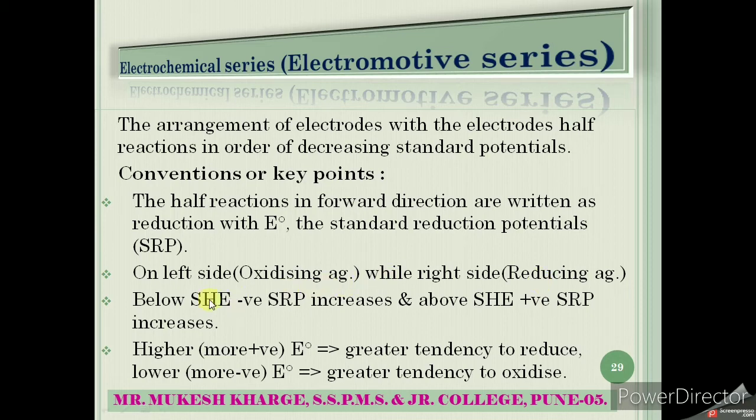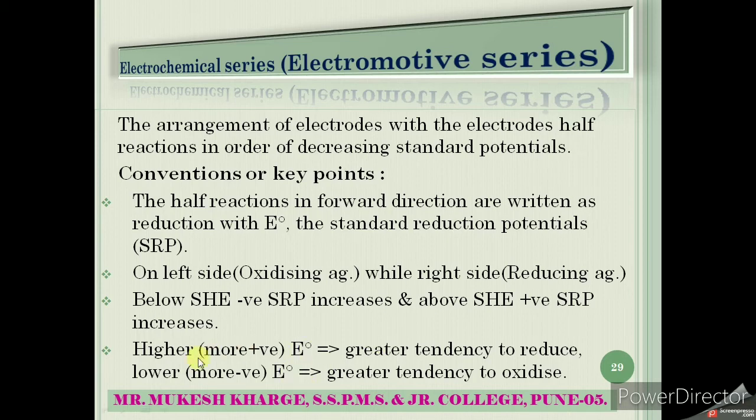Then at the center the standard hydrogen electrode is placed, whose potential is 0.0 volt. Below the SHE in the series, the electrodes have negative SRP values, which go on increasing in magnitude as we go down, while above the SHE the positive value of the standard reduction potential goes on increasing as we go away from the middle part to the top.